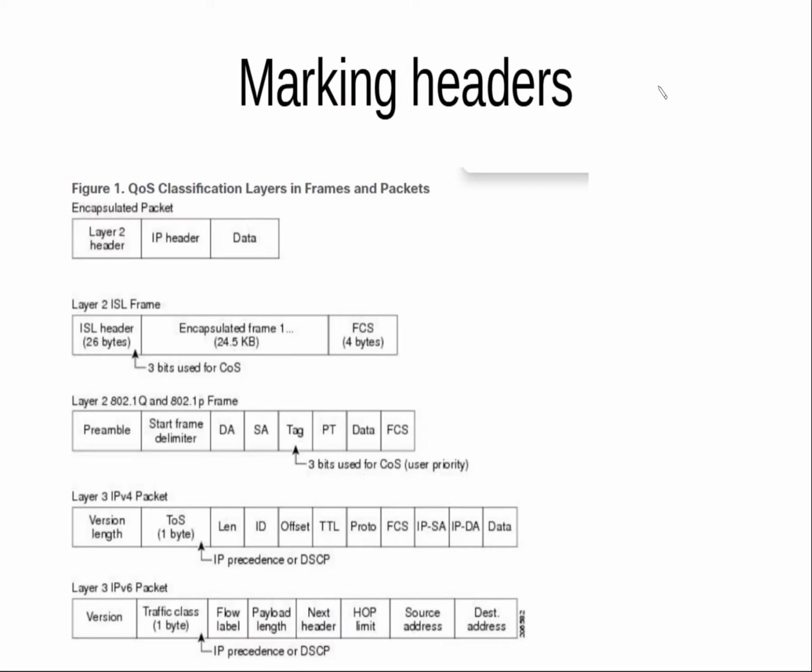Now, what kind of numbers can we use? For instance, for layer 2 markings, we can use CoS, that is usually 3 bits wide, for the ISL protocol and for the 802.1Q/P protocol. So we have 0 to 7 values.